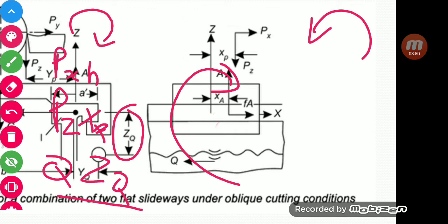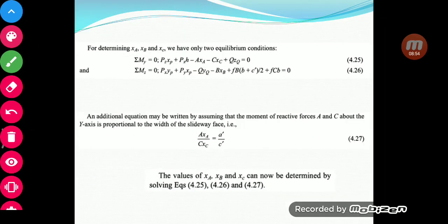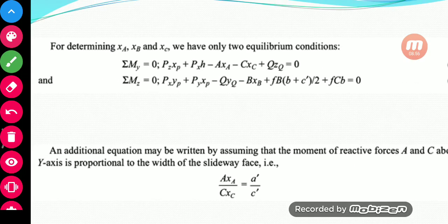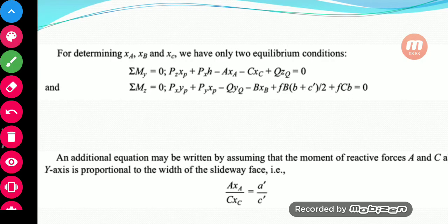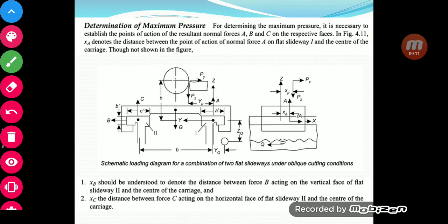So these are the clockwise moments. Then we can see that there are some reactions here, A times xa and C times xc. Now let us go ahead and see them in the previous diagram.